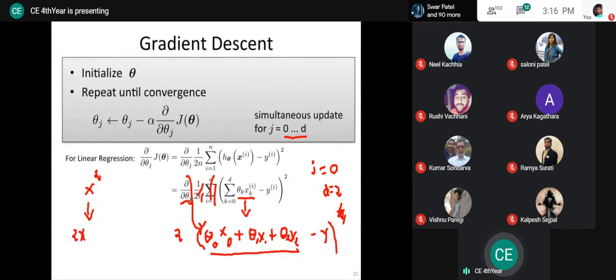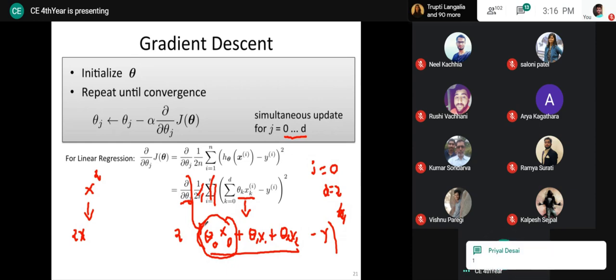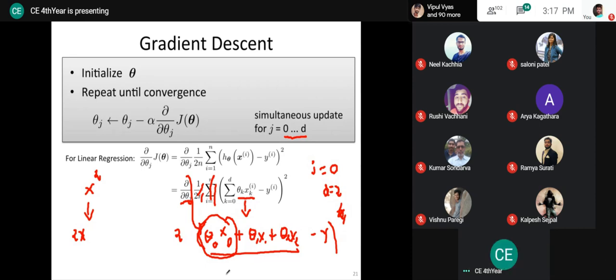So j is right now 0. So partial derivation of this first term with respect to theta j. So what is the result? 1. It's x0, right?